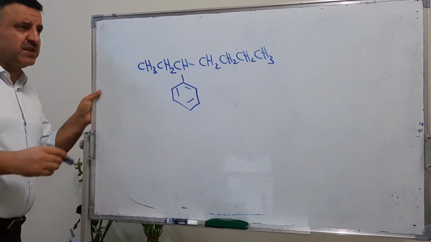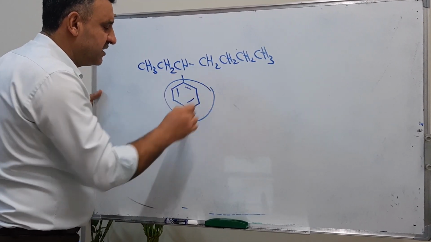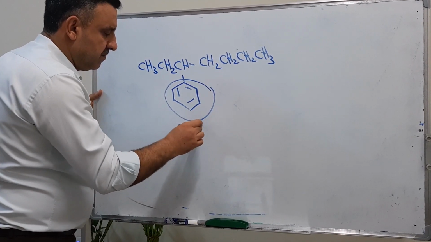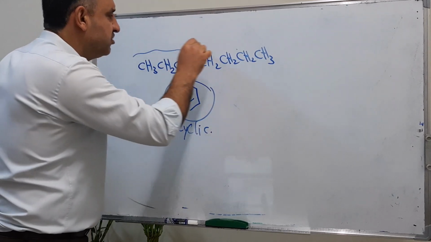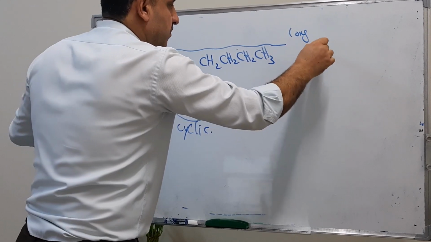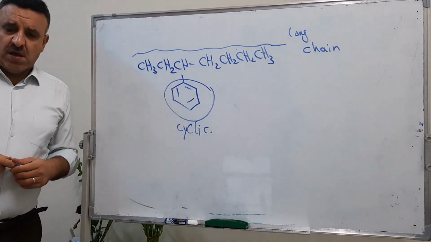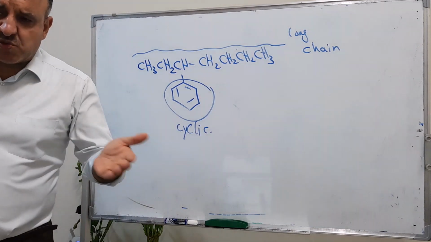Now in this case, as you can see, we have two systems. We have a cyclic system, and then we have a long chain system. Now in this case, we have to decide which one is which.